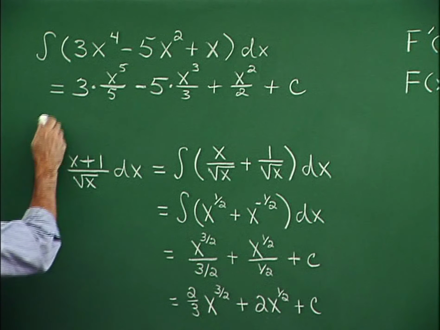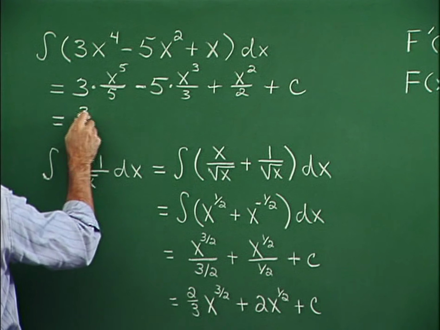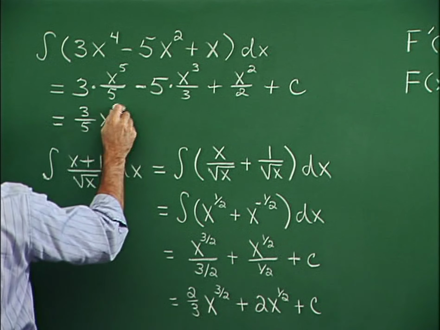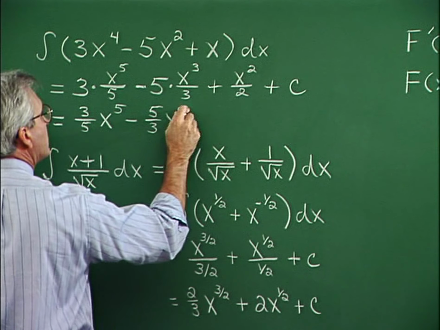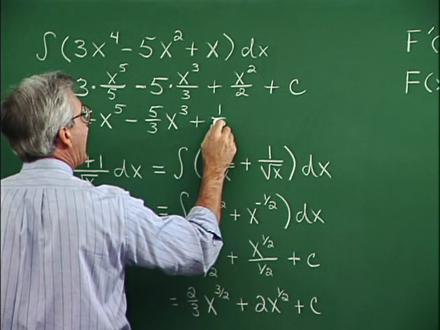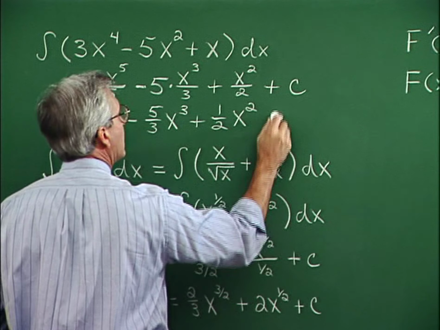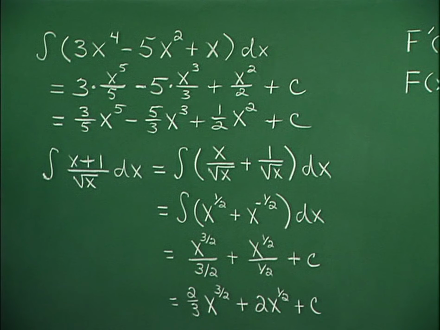And now it's a matter of marching through and cleaning up. So we have 3/5 x to the 5th minus 5/3 x cubed plus 1/2 x squared, then plus c, and that's all there is to it.